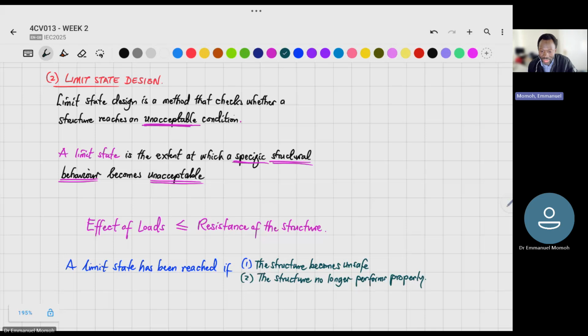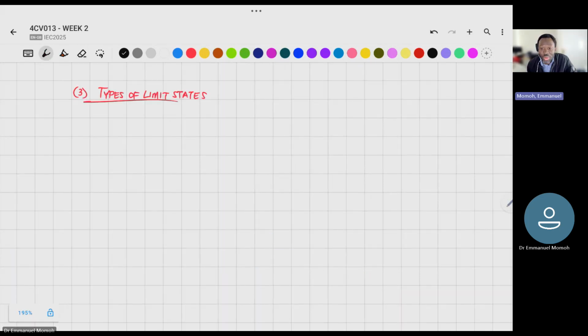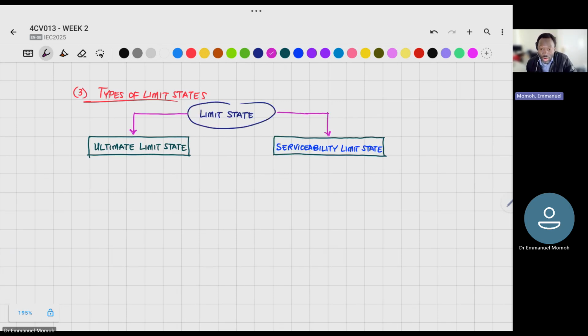So we'll look at types of limit states now. There are two main categories of limit states that you must remember. One is the ultimate limit state, and the second is the serviceability limit state. The ultimate limit state is all about safety and total collapse.